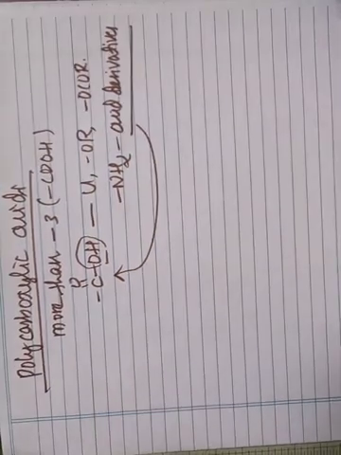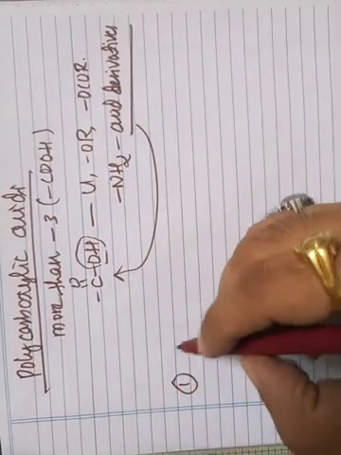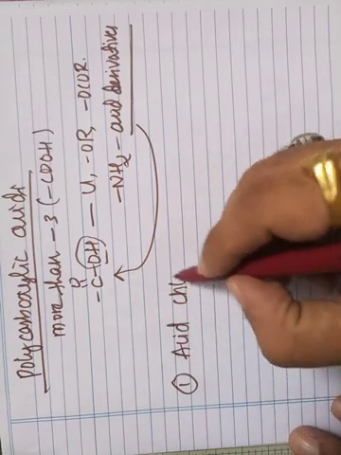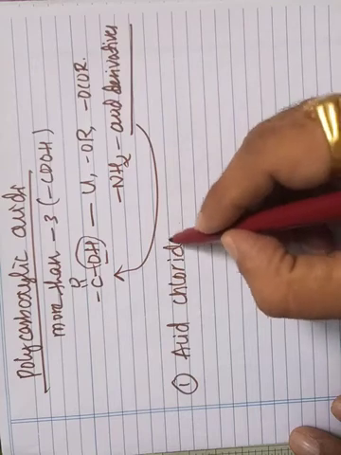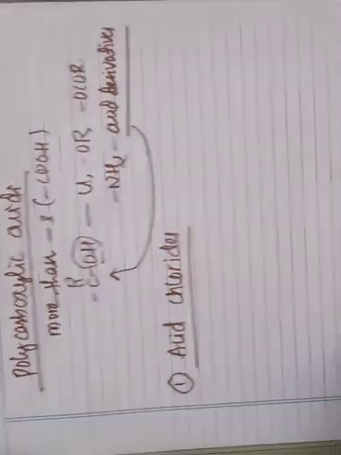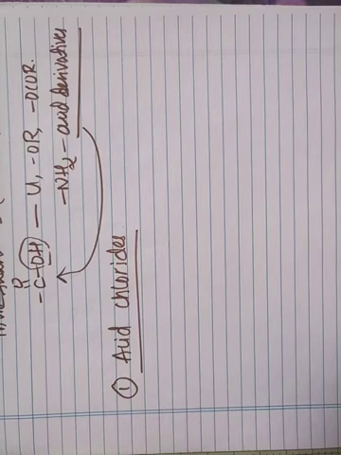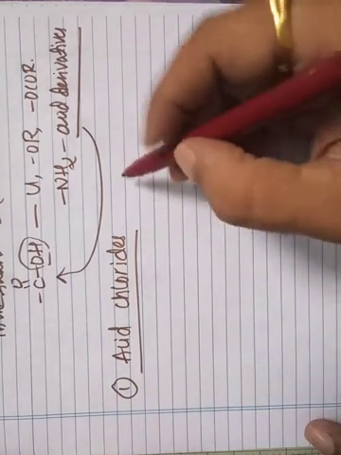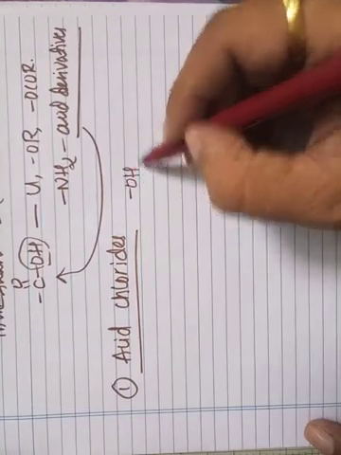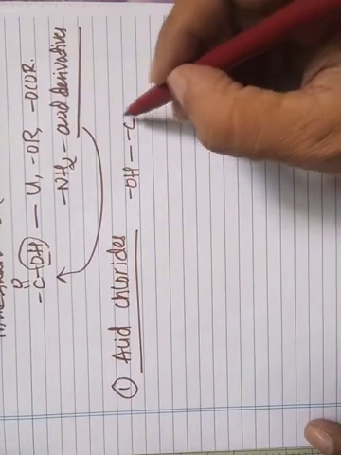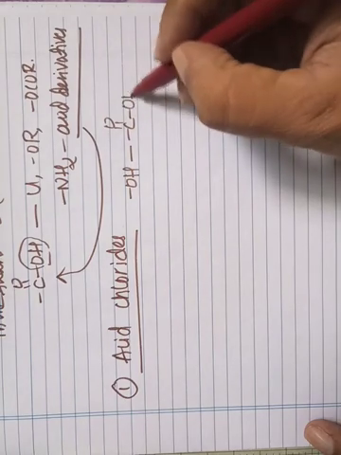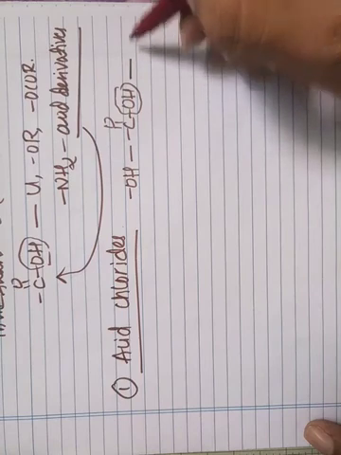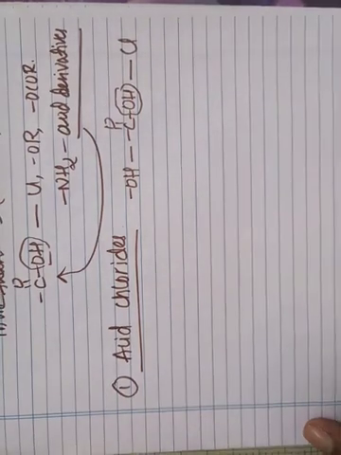First, let us discuss the acid chlorides. Acid chlorides are derivatives of carboxylic acids where the OH group of the carboxylic acid has been replaced by the chloro group, that is the Cl group.